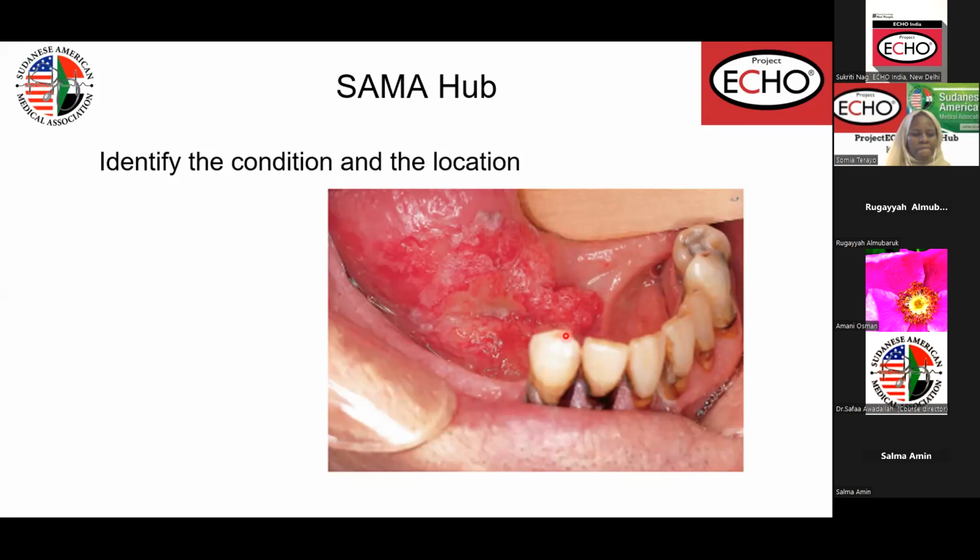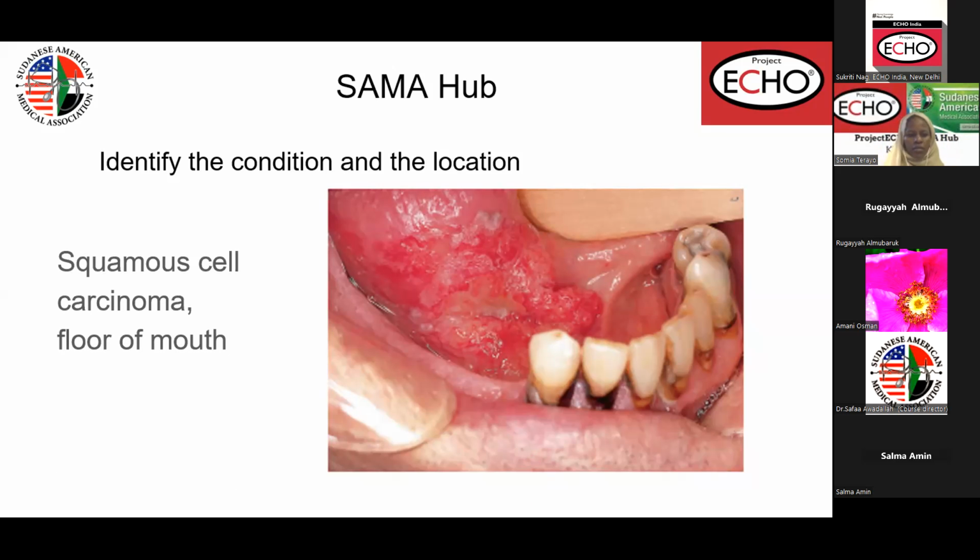Can you give me a suggestion? The location? Yes, this is the ventral part of the tongue, partly also the floor of the mouth. So the lesion starts at the floor of the mouth and continues to the base of the tongue. But what is the condition? Definitely, this is squamous cell carcinoma of the floor of the mouth.